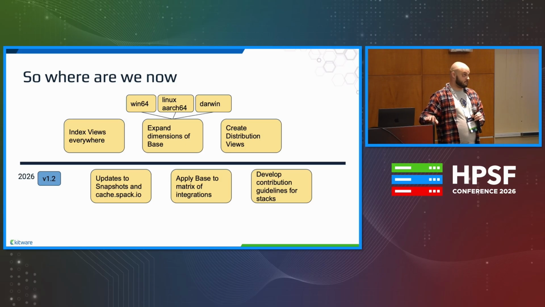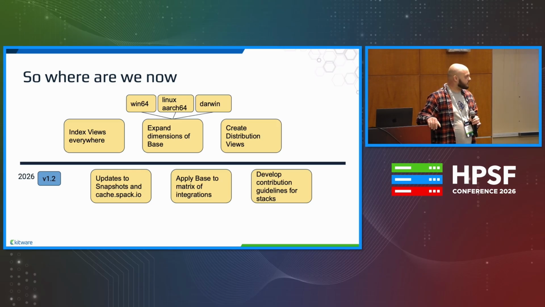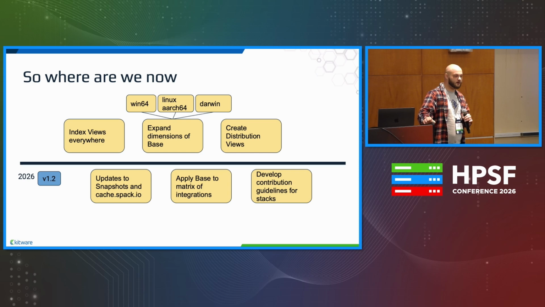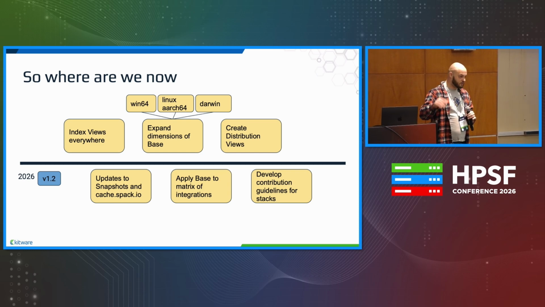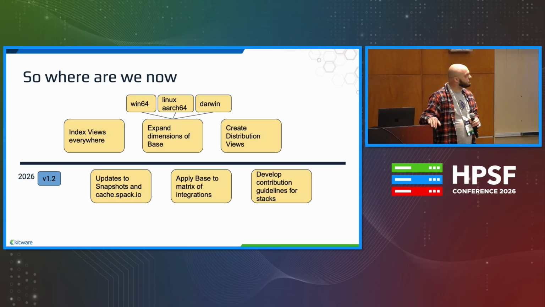And as the stacks become more complicated and more related, we're going to need more guidelines. So right now, you're a stack maintainer, and you're sort of allowed to let in or reject anything. When everything's related to everything, we now need to have a little bit more guidelines about how we maintain these things.